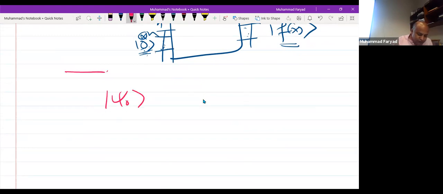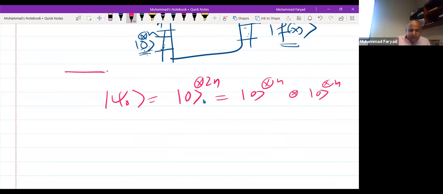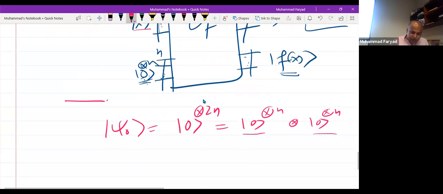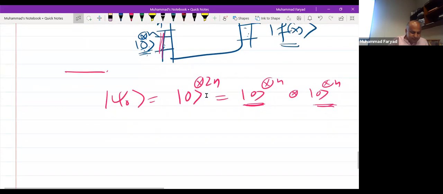Our input state is 0, so the total number of bits is 2n. It's a 0 state, which I can also write like this, because there are 2 quantum registers that we are working with. Both registers have n qubits each. The top register appears on the right and the bottom register appears on the left. This is how we are keeping the notation.